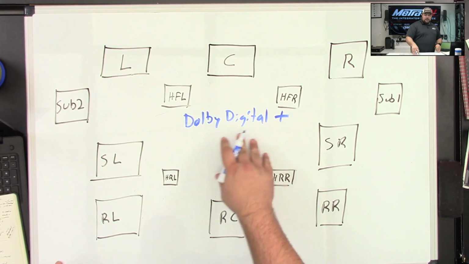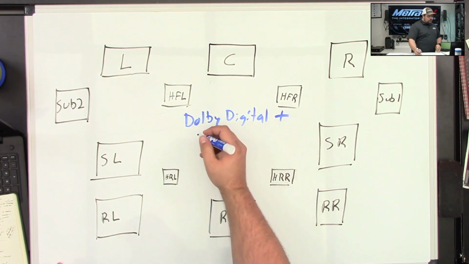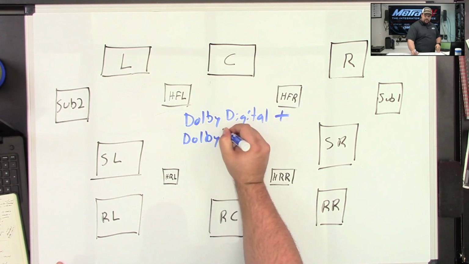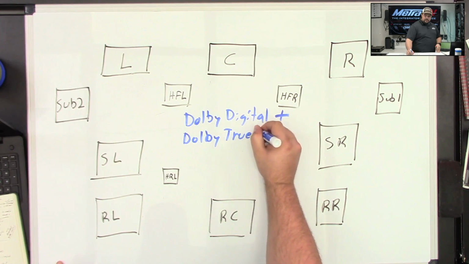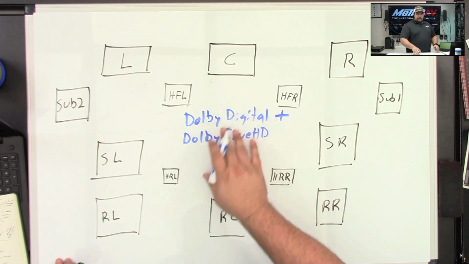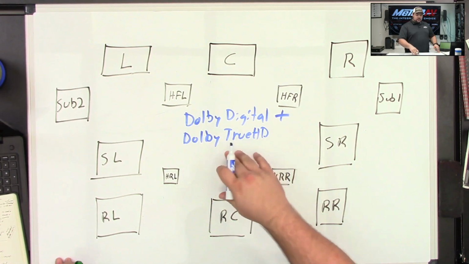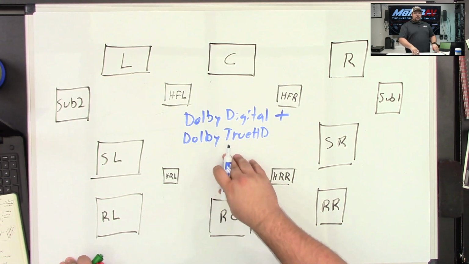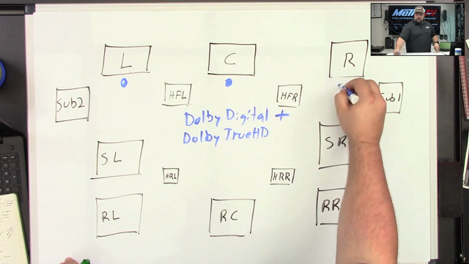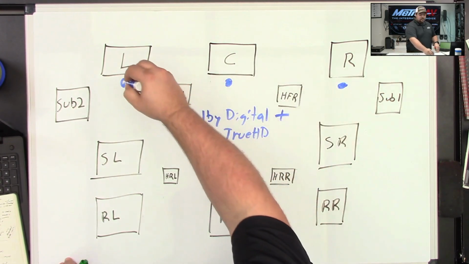Now the difference between Dolby Digital Plus and Dolby True HD, because this is about the same time, and again, you can correct me in the comments, I'd love to hear from you. Dolby Digital Plus and Dolby True HD are essentially the same thing. They are 7.1 systems. So that means we've got our center channel, our left, our right for the front stage.